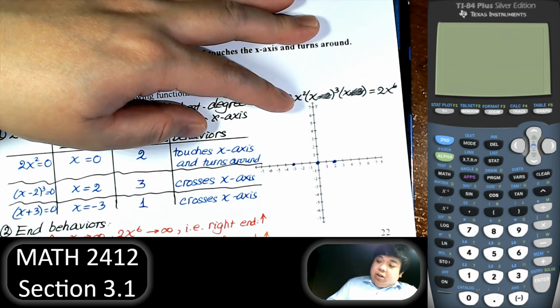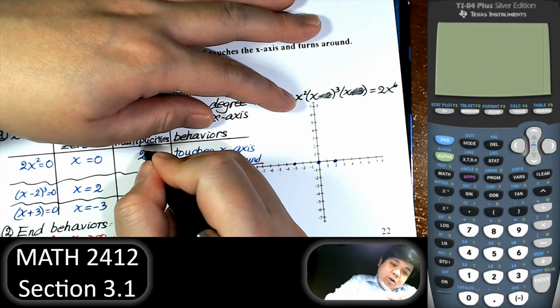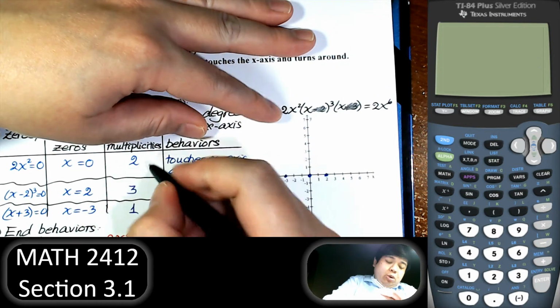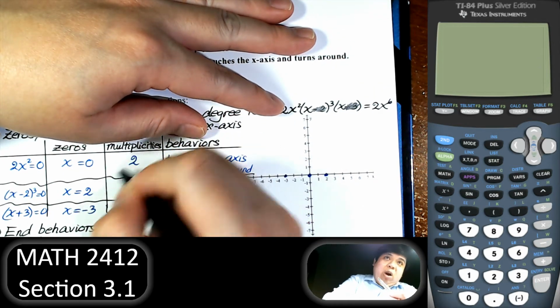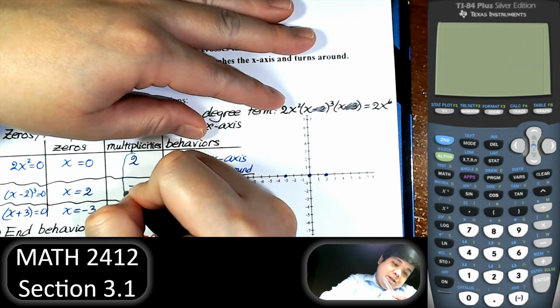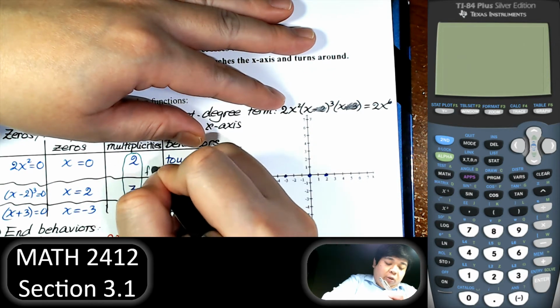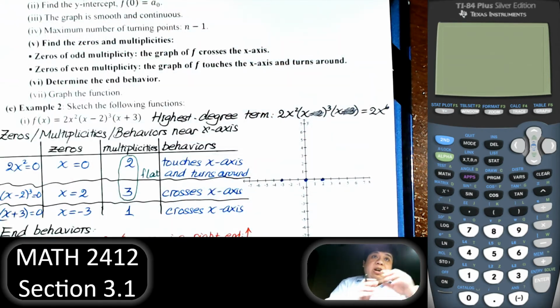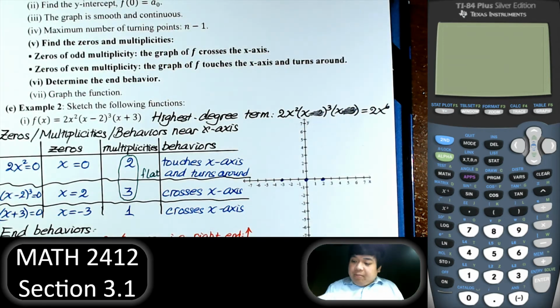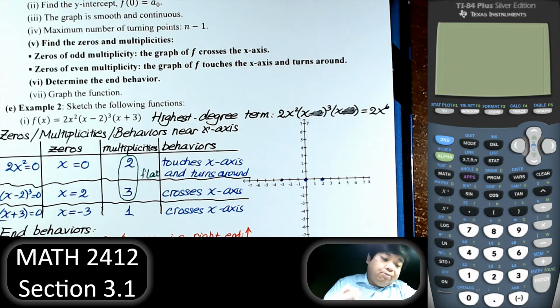However, because of the higher order, higher than 1, the graph will be a little flat. So when the multiplicity is greater than or equal to 2, the graph tends to be a little flat there. So let's go.